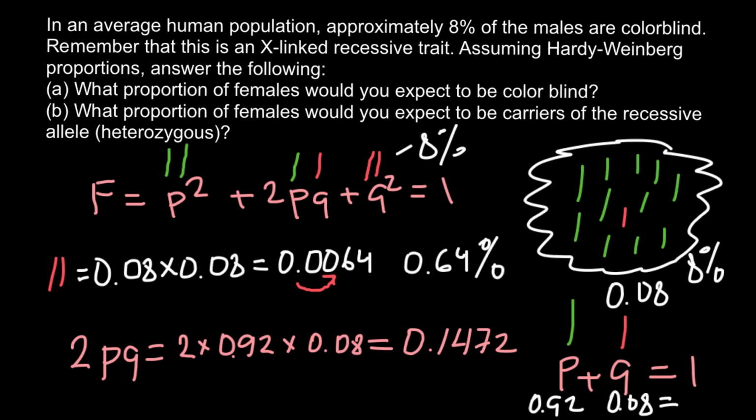If we need the answer in percentage form, we move this decimal number 2 places to the right, and the answer would be 14.72%.